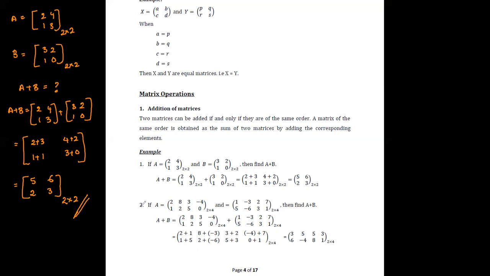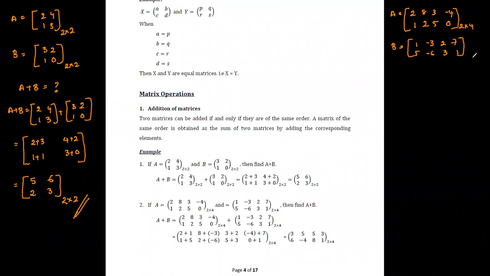And if you see the second example, matrix A has the elements 2, 8, 3 and minus 4, then 1, 2, 5 and 0. Matrix B is given as 1, minus 3, 2 and 7, 5, minus 6, 3 and 1.